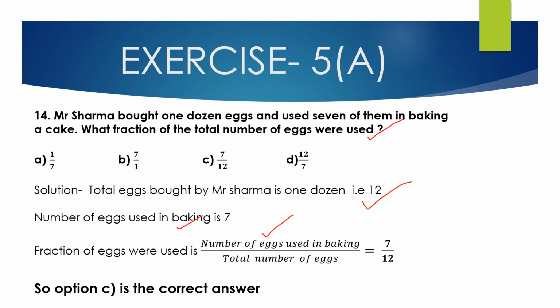So 7 divided by 12. So option C is the correct answer, that is 7 divided by 12.